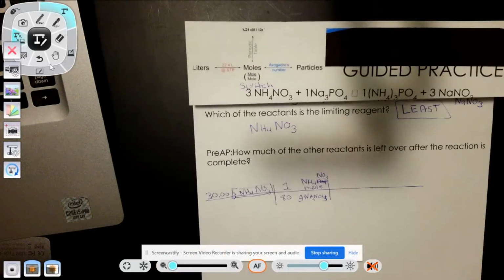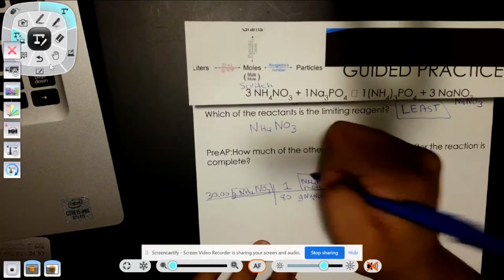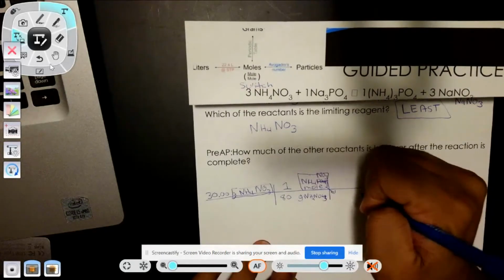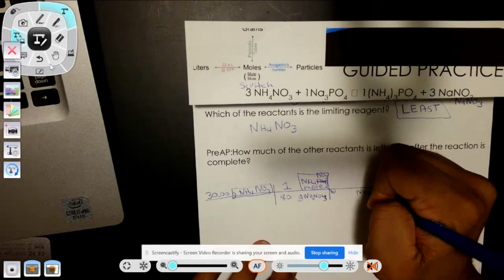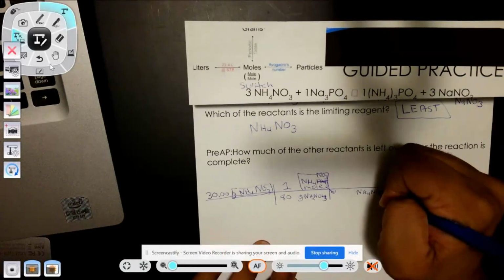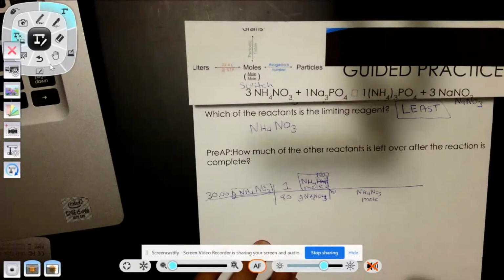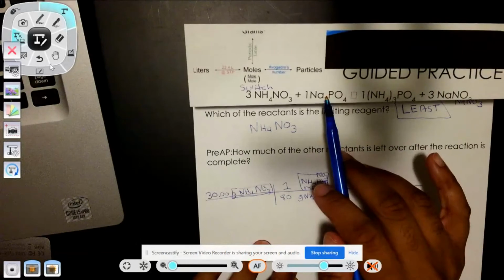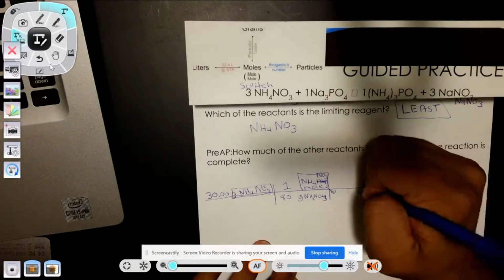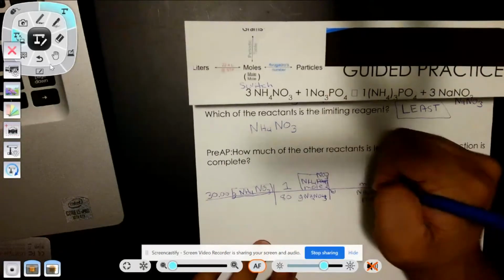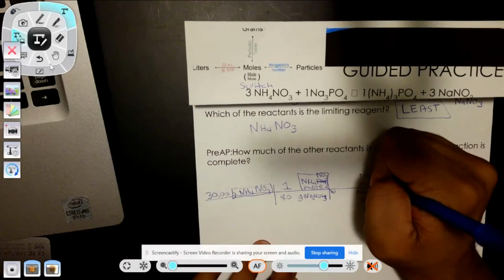Now that we have moles of ammonium nitrate, we're going to take this unit down, and we want to convert to moles of sodium phosphate, which is our other reactant.